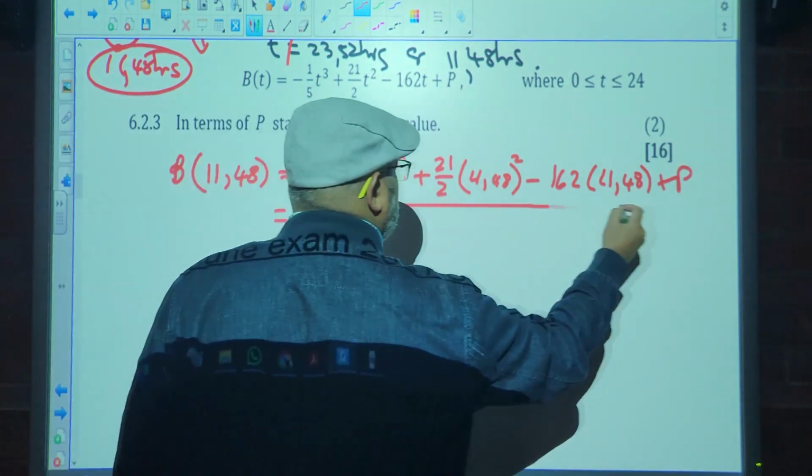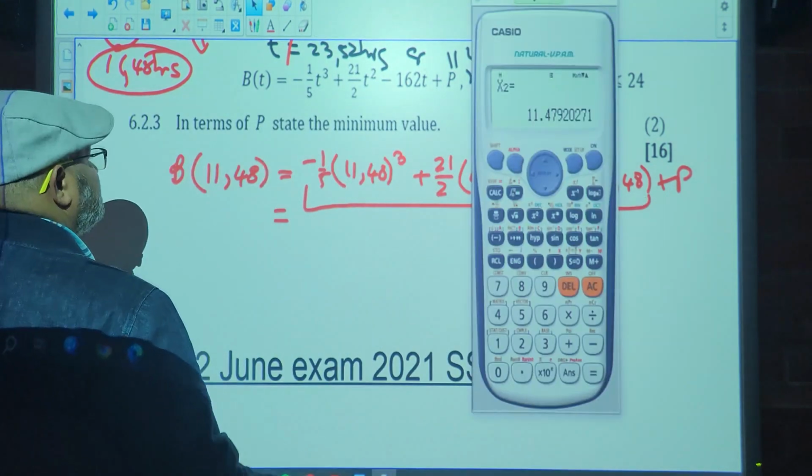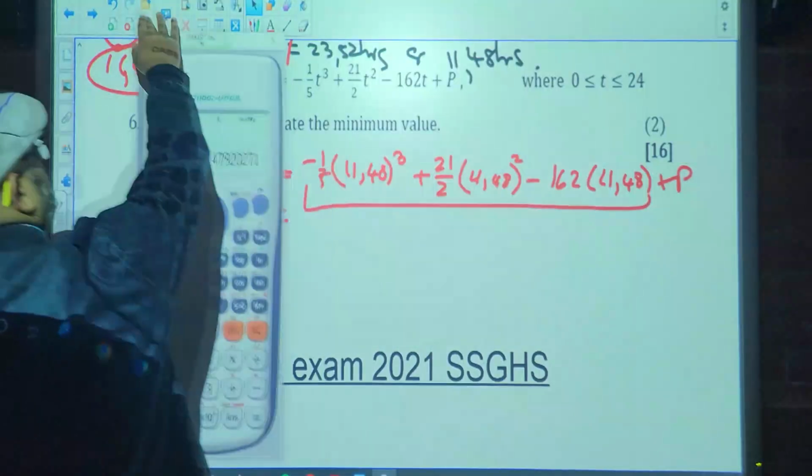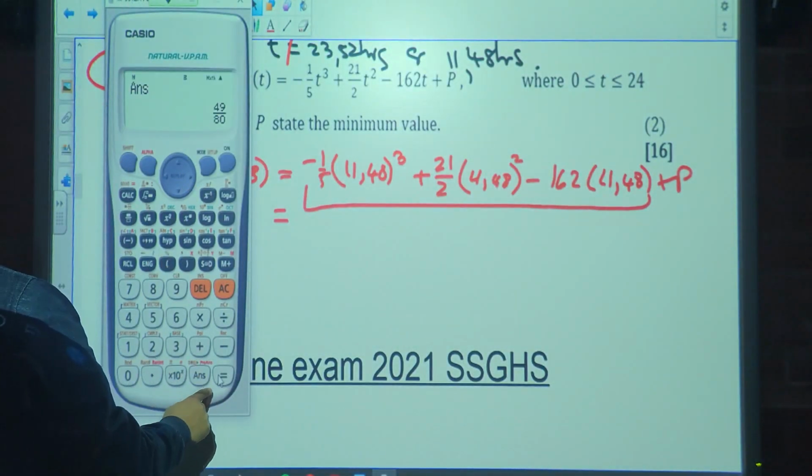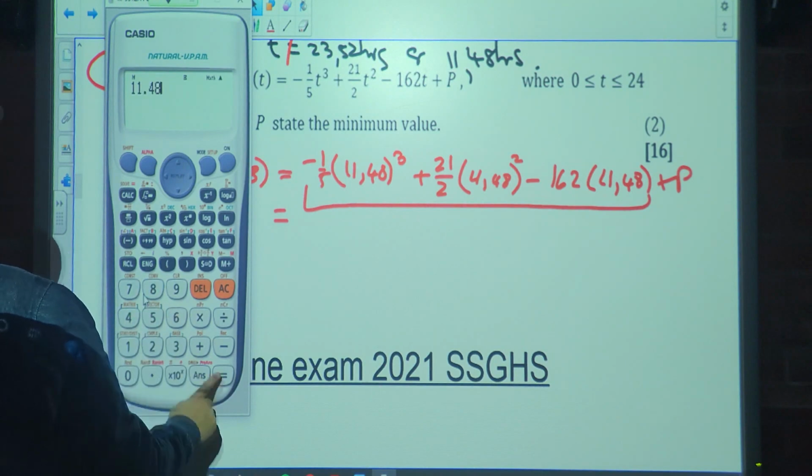So that we can punch in the calculator. This side, there's my normal format again. 11.48.